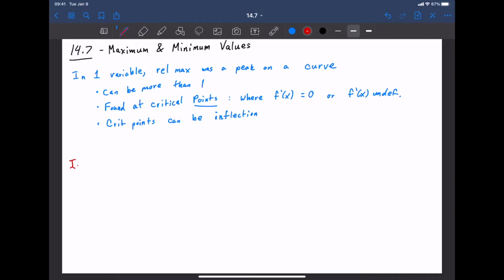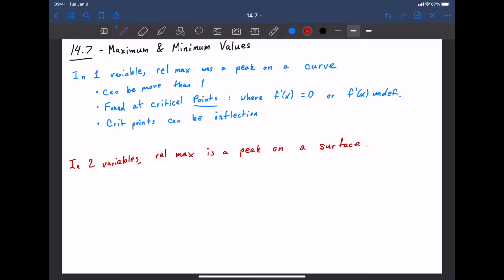How does this change in two variables? So a relative max, again, or min, is a peak on a surface. I'll draw a picture on the next slide if those pictures are doing anything for you. So it's a peak on a surface, right?